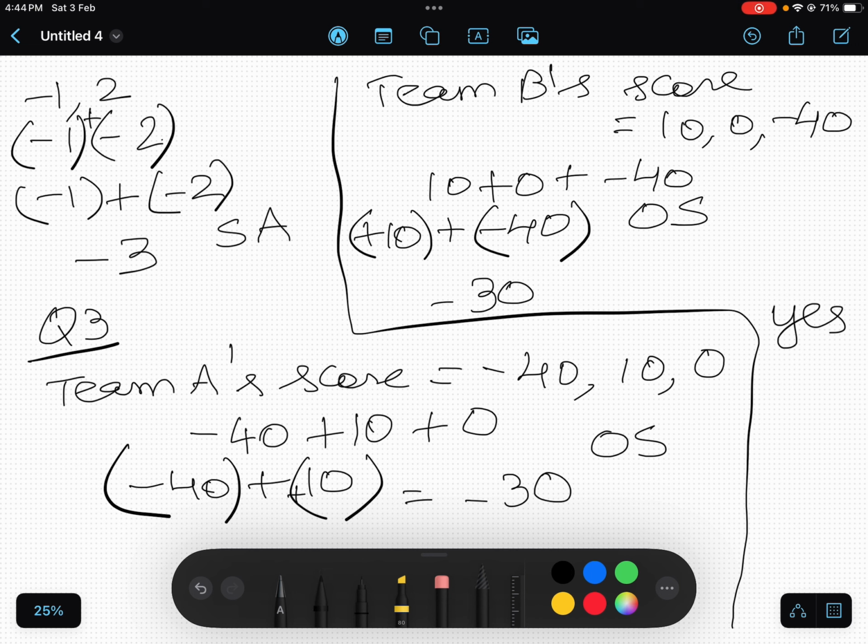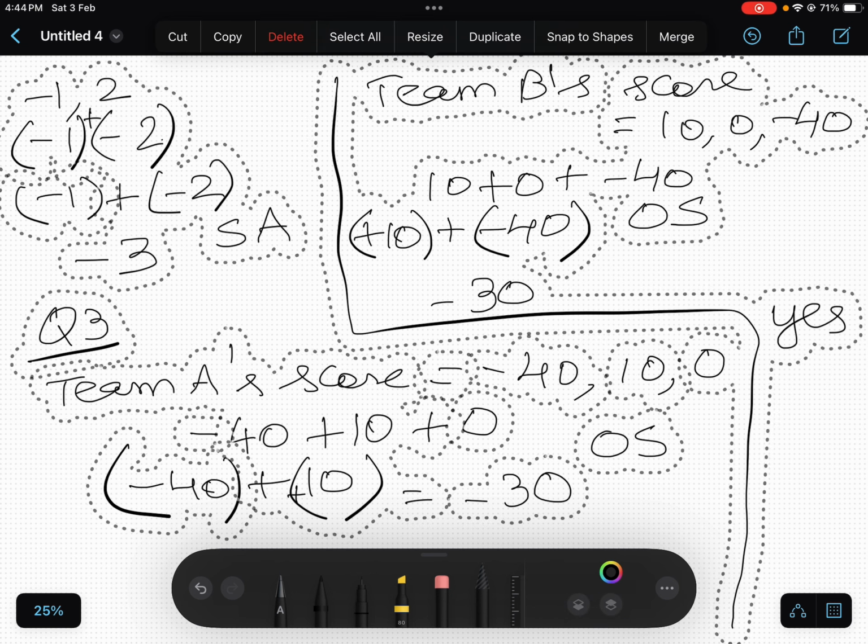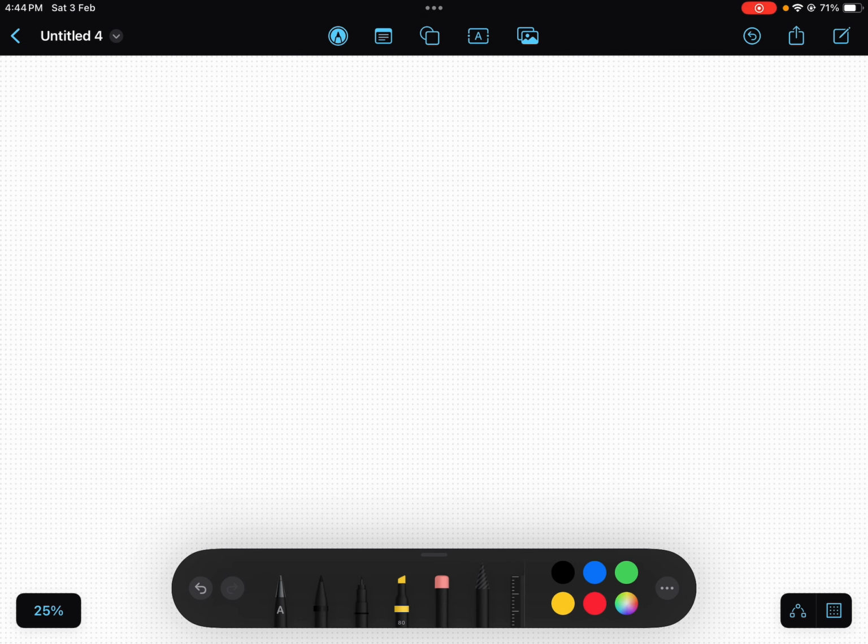Now let us look at question number 4. The first one, these are just fill in the blanks to make the following statements true.